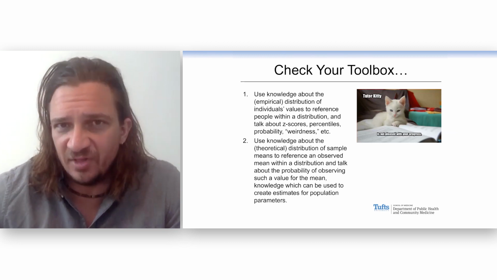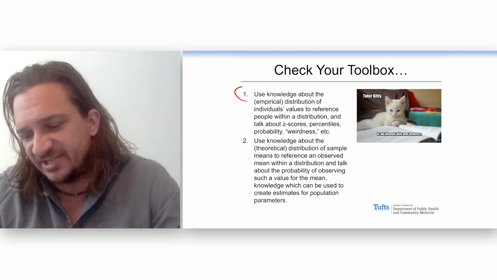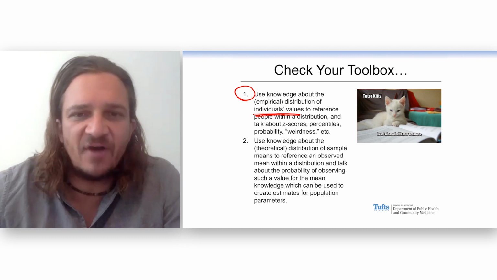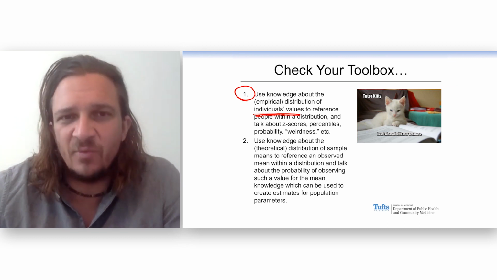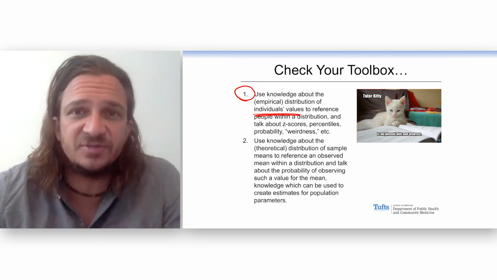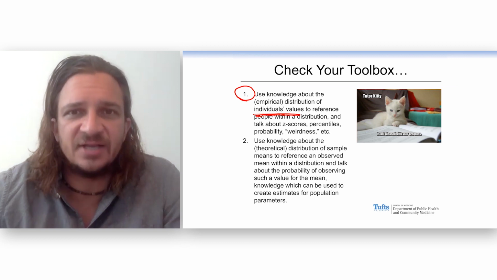So right now, you've really learned how to do two things, and you should know these inside and out. The first is thinking about what happens when we have individuals and they follow a distribution. And with that, we can talk about, again, z-scores, percentiles, probability, how weird somebody is based on their data, and so on.